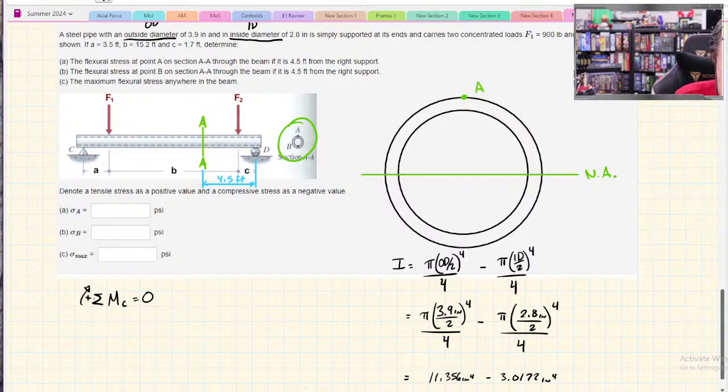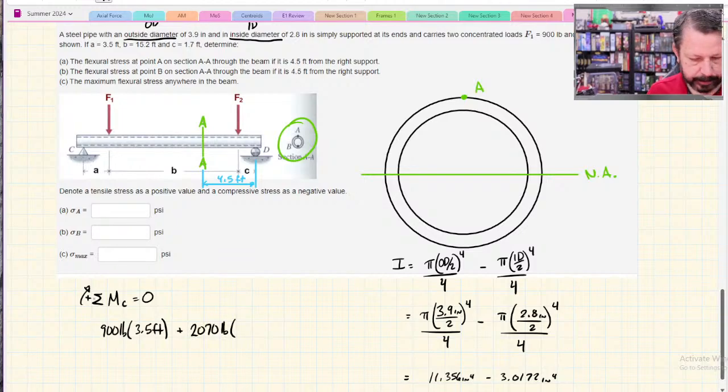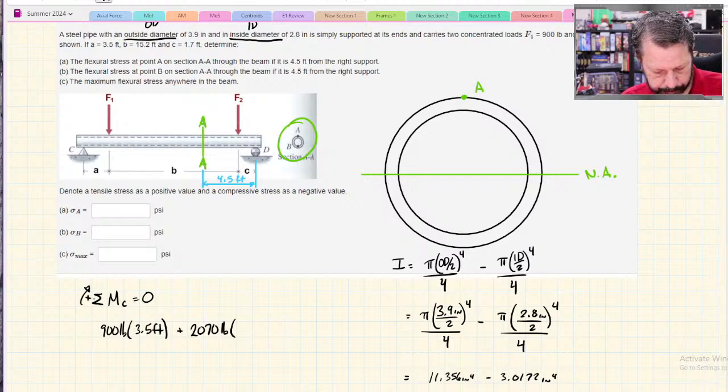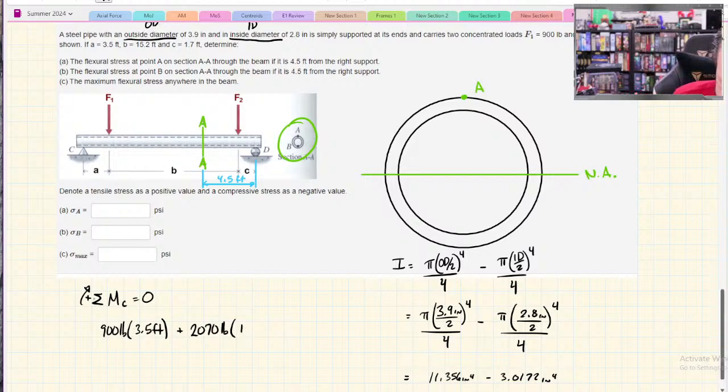That will be F1, which for me is 900 pounds, times distance A, 3.5 feet, plus F2, which for me is 2070 pounds, at a distance of A plus B, 18.7 feet, minus Dy, it's just a roller, times A plus B plus C, 20.4 feet.